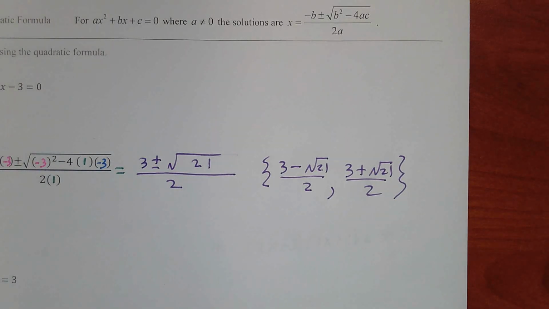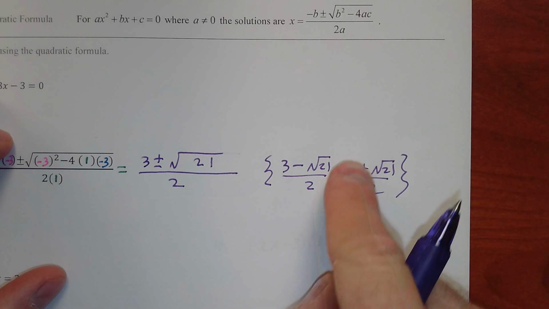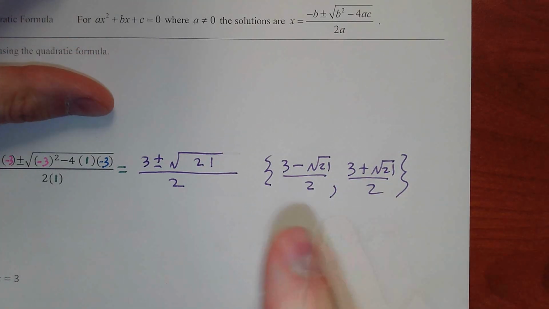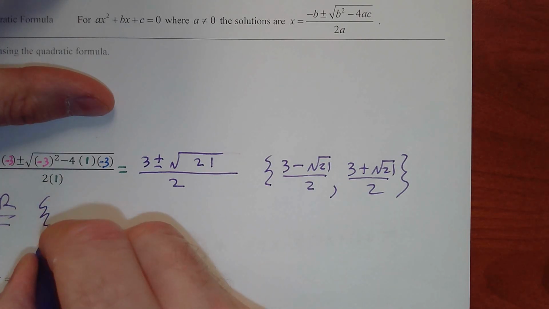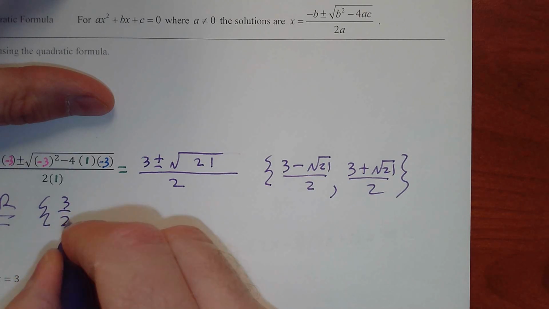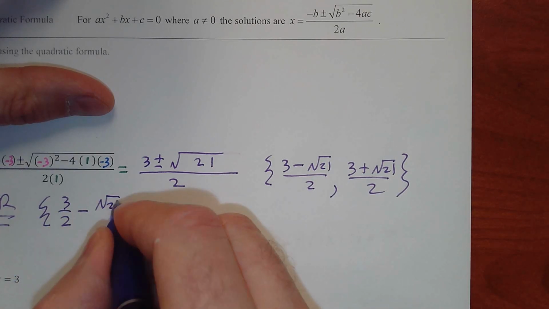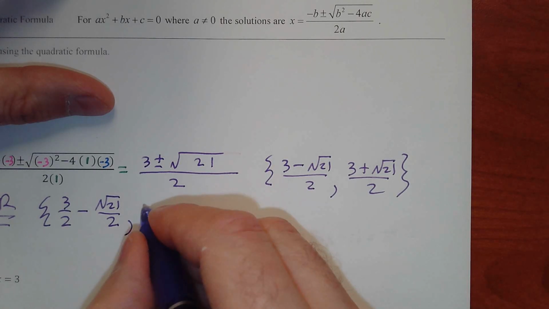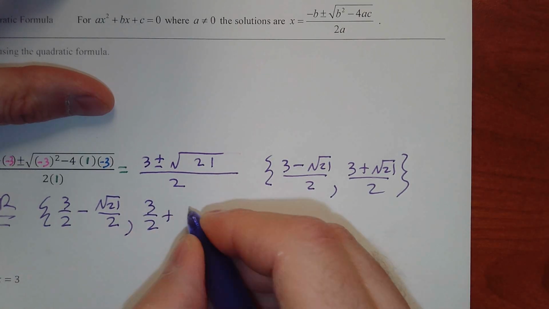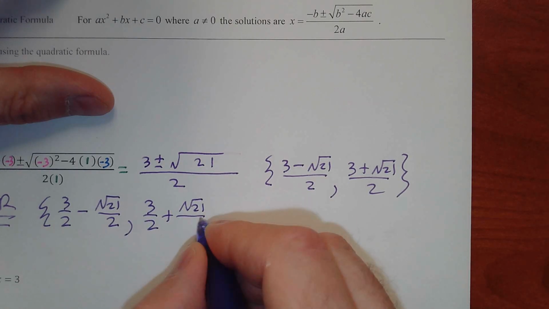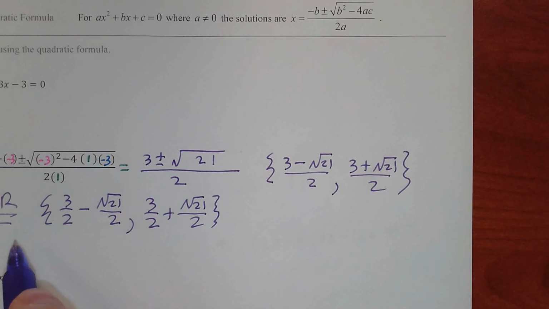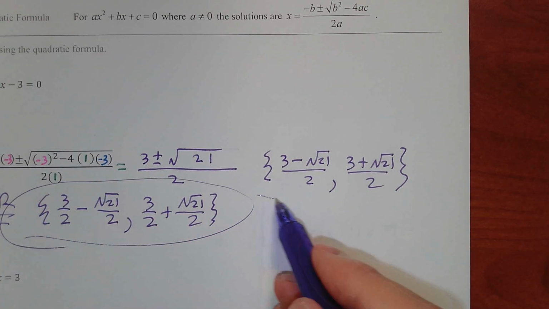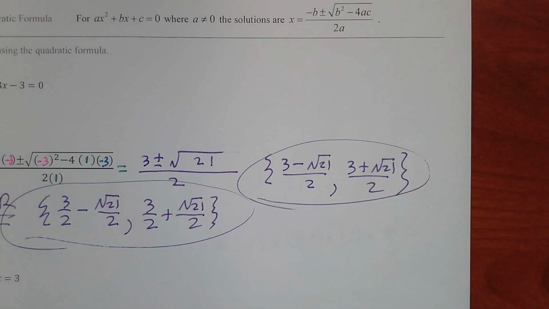The other way, they might actually go through and divide through by 2 and separate this out. So you might see it written as 3 over 2 minus the square root of 21 over 2, and 3 over 2 plus square root of 21 over 2. So really either form is acceptable, depending on the problem, they want one form or the other.